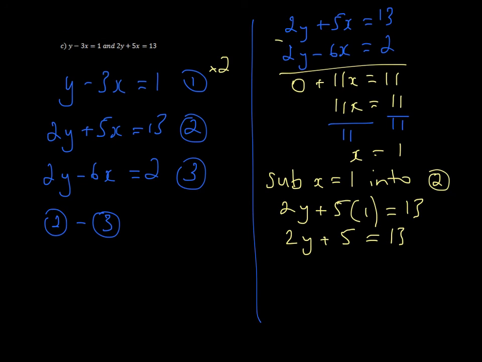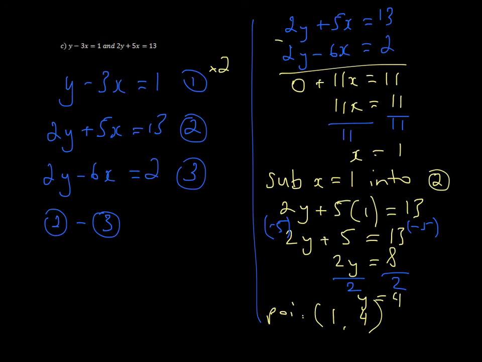We need to get rid of that 5, so I'm going to subtract 5 from both sides. We get 2y equals 8. Divide both sides by 2. Y equals 4. So our point of intersection is, our x value is 1 and our y value is 4.